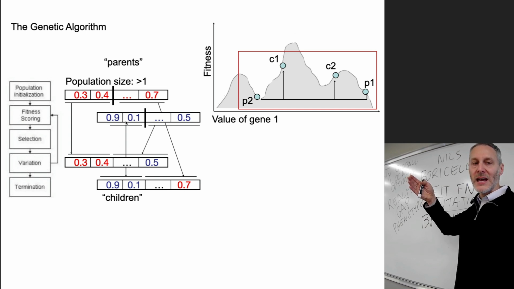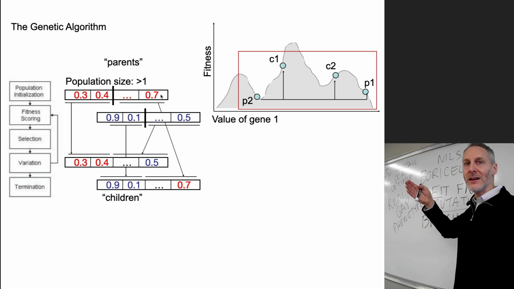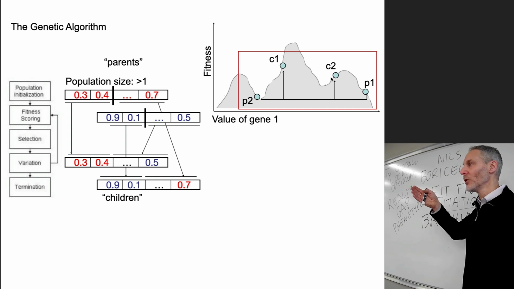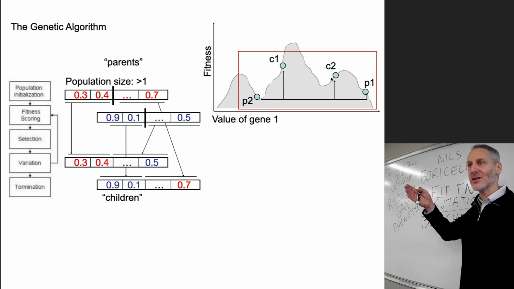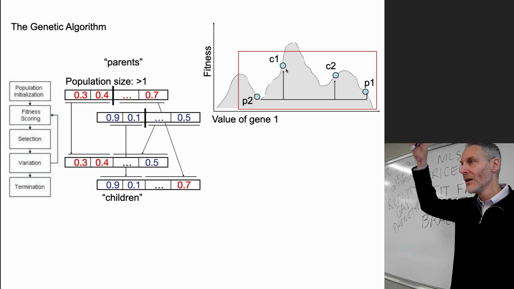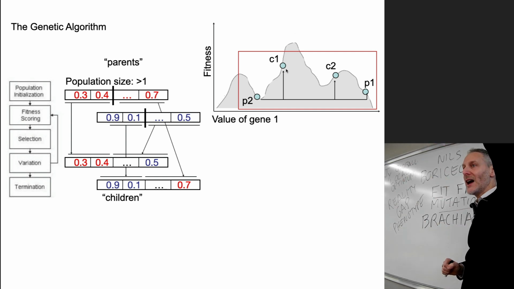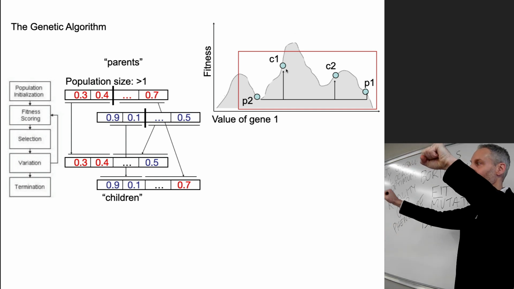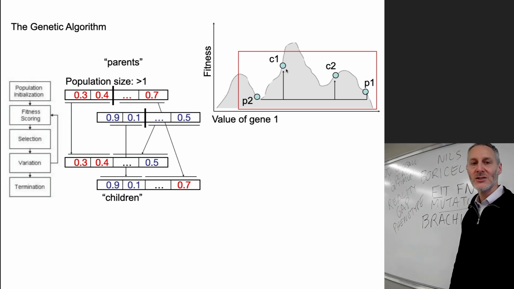C2, down here, we take the first two values from P2, the blue values, and we tack on to those the remaining genetic material from P1. Unfortunately for C2, that didn't work. It wasn't a good combination of the partial solutions from P1 and P2, but by chance for C1, we cut in the right place and we brought the AND from P1 together with the OR from P2.